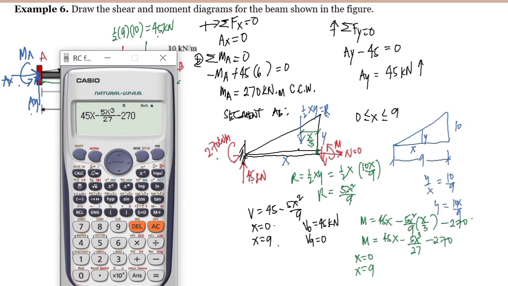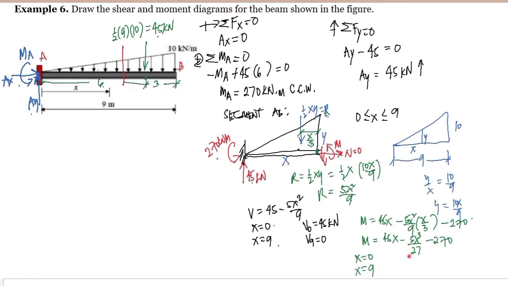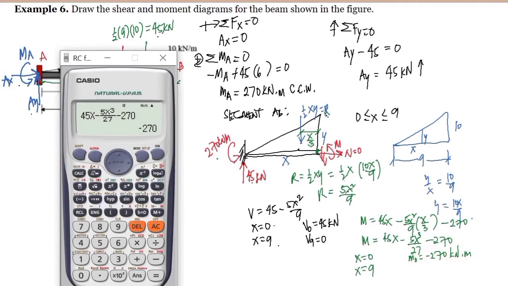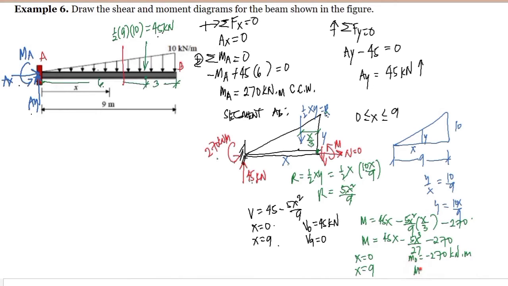So at x is equal to 0, the moment at 0 is negative 270 kilonewton meter. And at x is equal to 9, the moment is equal to 0. So the moment at 9 is equal to 0.